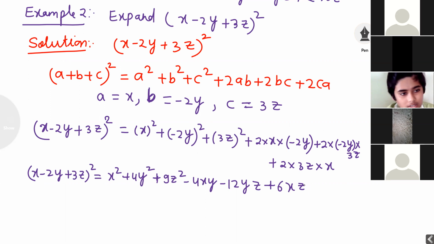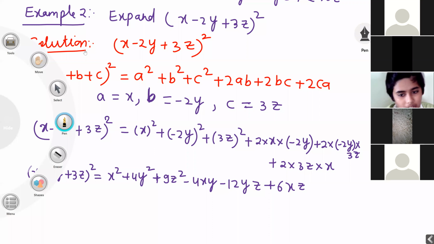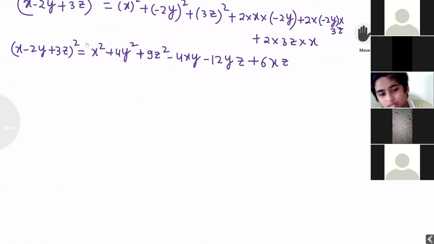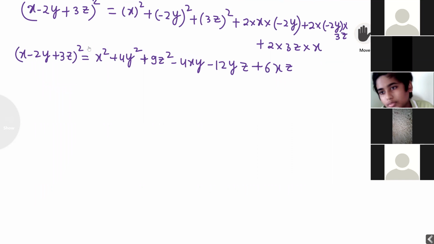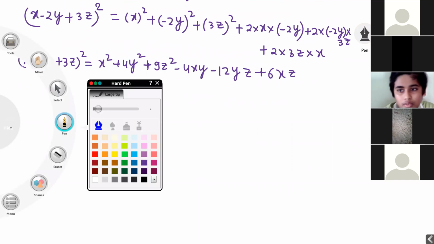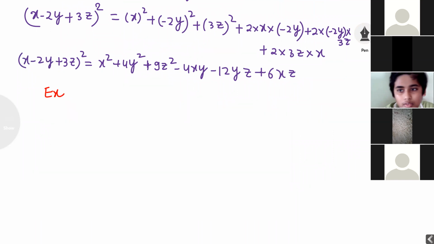Next, example 3. Expand x by 2 plus y plus 3z by 2 whole square.